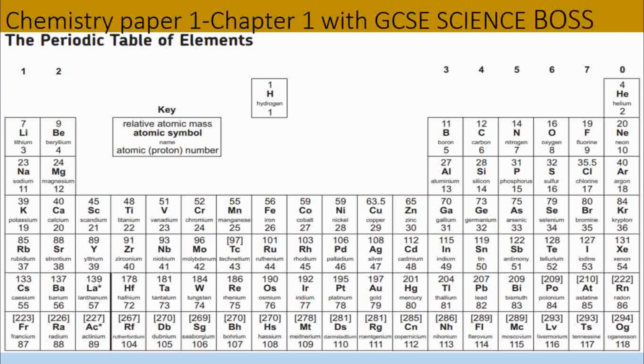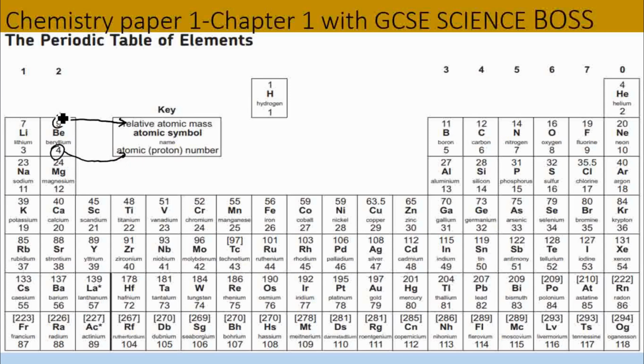Now we're going back to the periodic table, which we mentioned, when you're writing the elements, ensure that you write a capital letter, then a lowercase letter. Okay, now also in the periodic table, you notice that you see some numbers and you need to know the definition of those numbers. Okay, so the bigger number is always the relative atomic mass. All right, and the smaller number is your atomic number or your proton number.